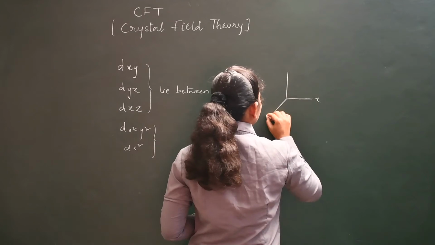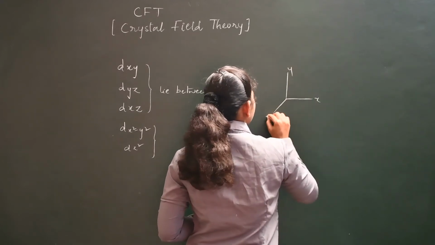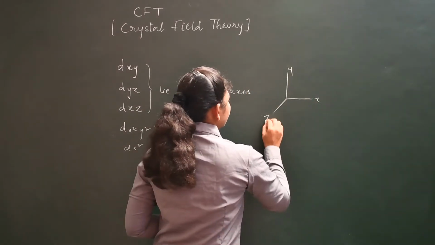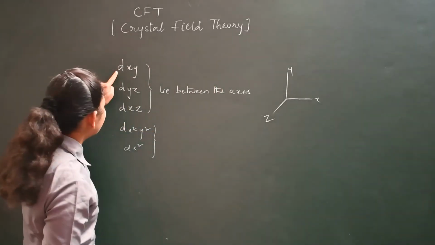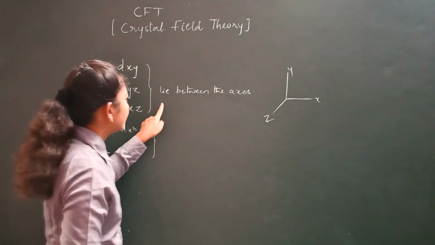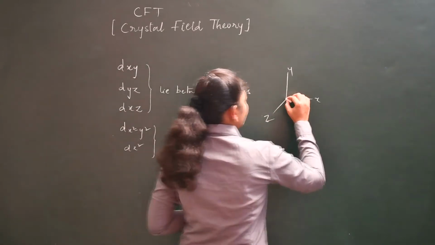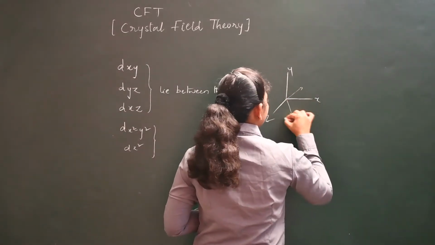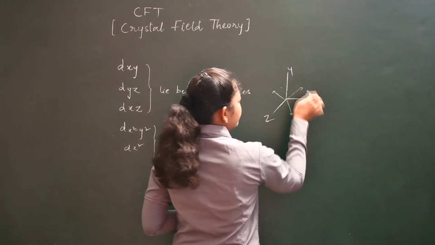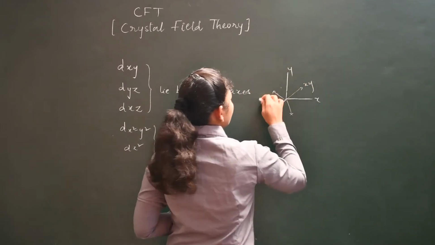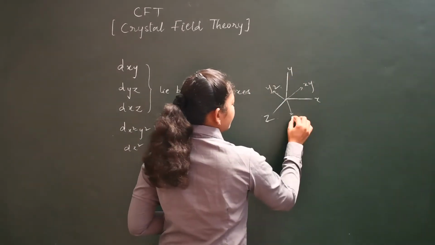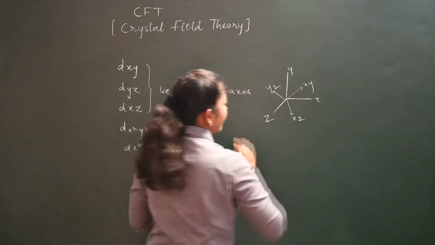X, Y, Z, something like this. So these 3 orbitals lie between the axes like this. Between the axes means this is xy, yz, this is xz, like this.